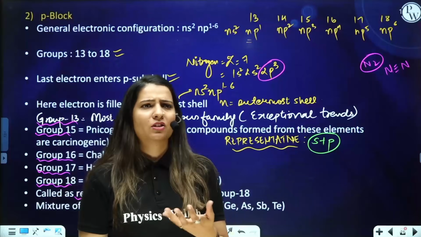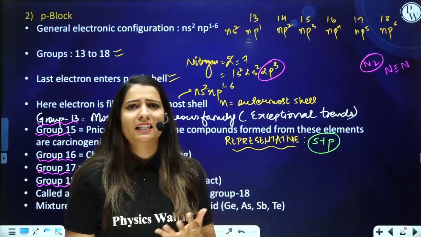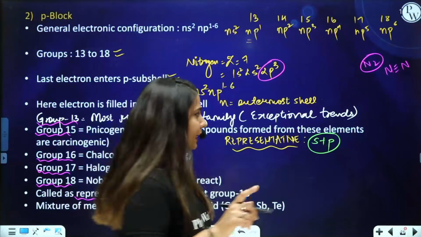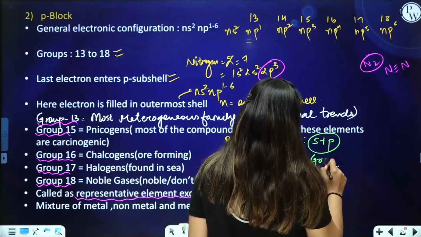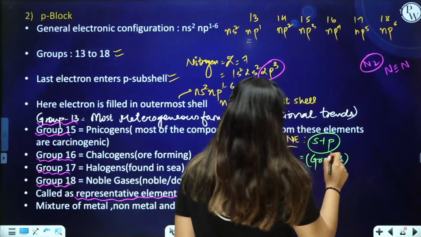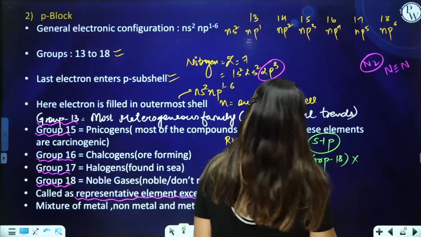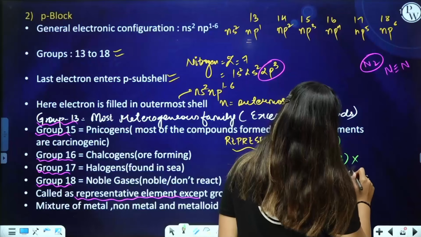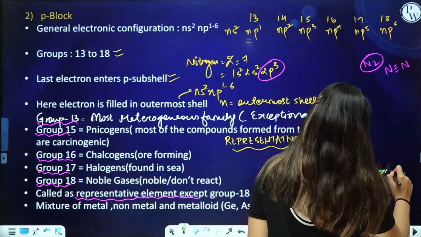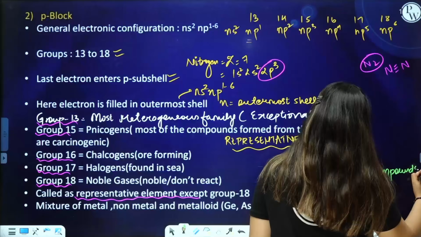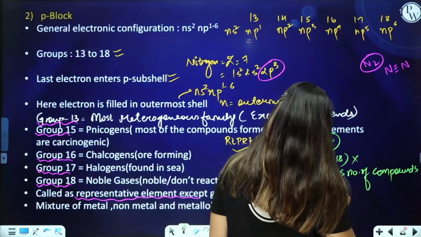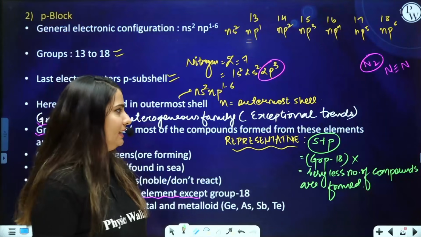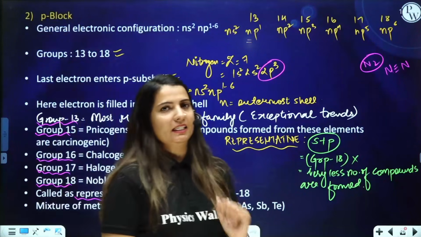But right now there are not many compounds of group 18, so they don't represent the chemistry of most compounds. So the s and p block is combinedly called the representative elements, but group 18 is not, because a very small number of compounds are formed from group 18 elements.